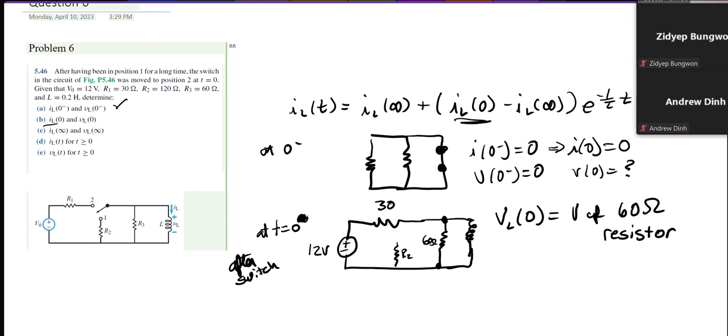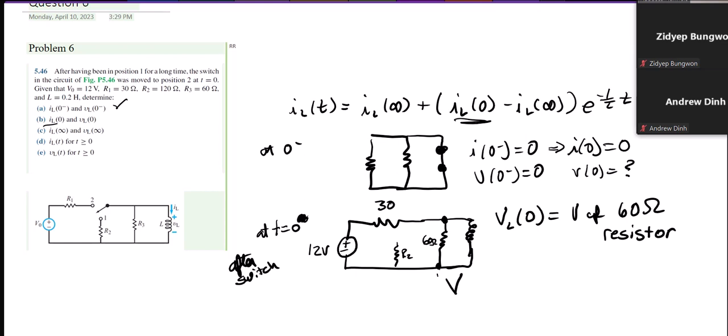And now, if I look at this circuit, I can see I've got a voltage source. And right now, at this instant, there's no current going through this inductor. So I can use voltage division to find the voltage across this 60 ohm resistor here.